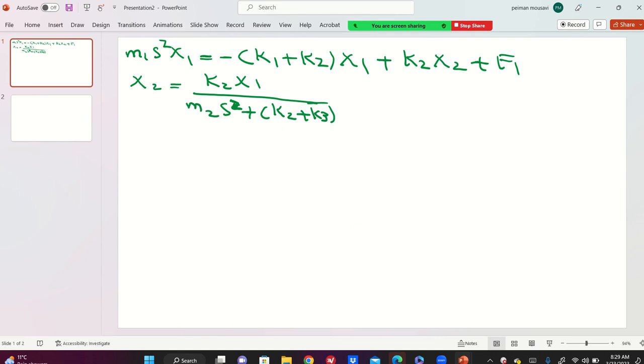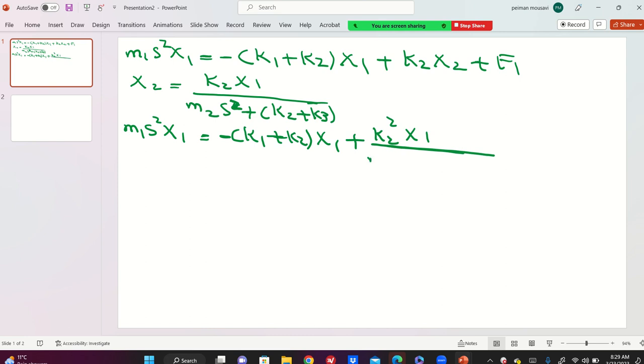So we're gonna have M1 s square x1 gonna be minus K1 plus K2 in x1 plus K2 square x1 divided by M2 s square plus K2 plus K3 plus F1.